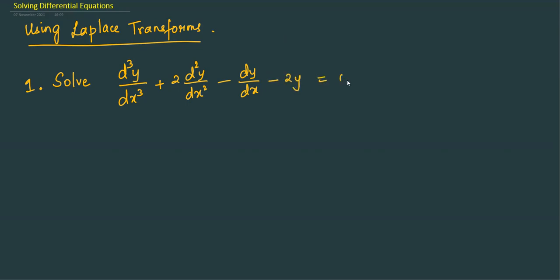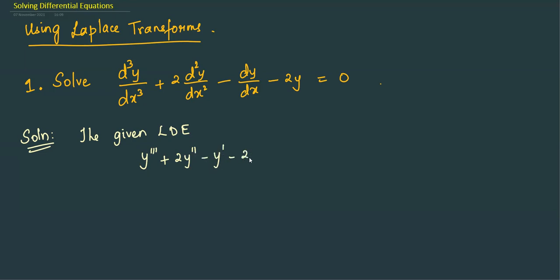So this is a linear differential equation. Now the given LDE, we will write as y triple dash plus 2y double dash minus y dash minus 2y equal to 0. Apply taking Laplace on both sides.